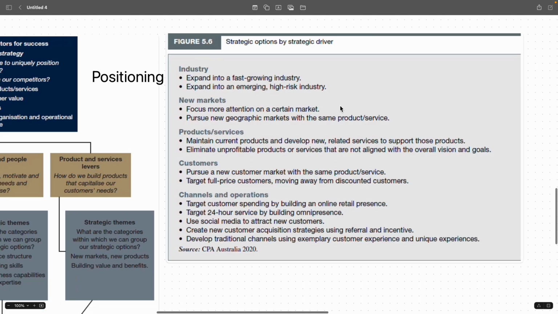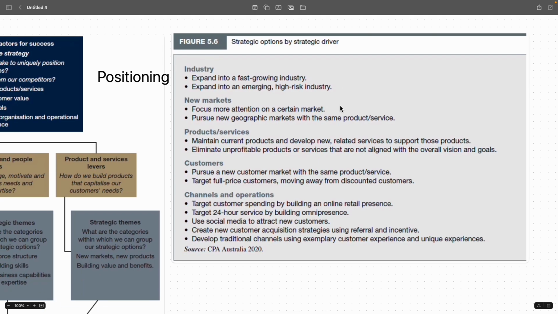So new market, focus more attention on certain markets. Do you want to focus on specific markets? I would say, for example, Gardenia focuses on certain markets. Okay, they are not everywhere. They are very close in the bread ecosystem. And from bread, they realized their core competence is actually not bread.